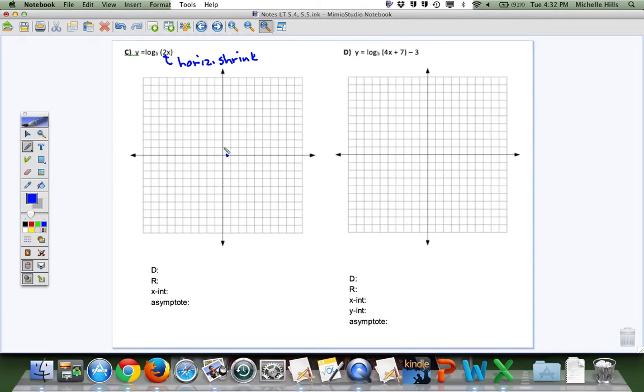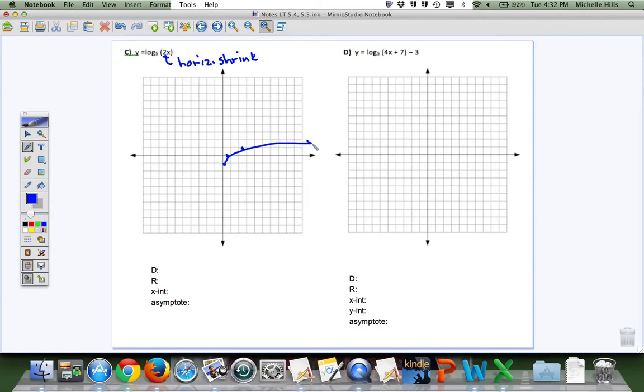Normally when y is 1, x is 5, but it's going to be at 2.5. I'm going to pull it back. Normally it would be at 25 here, so it's going to be at 12.5, which is still off the graph. Normally at 5 to the negative 1 power is 1/5, but it's going to be half of that. It's hard to see any difference, so 1/10.